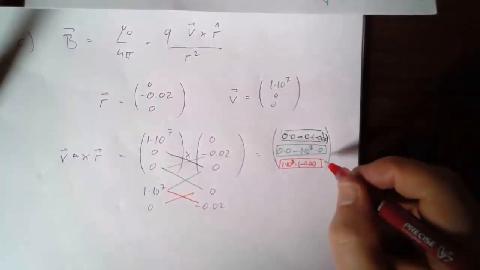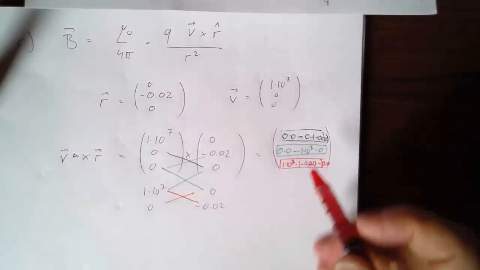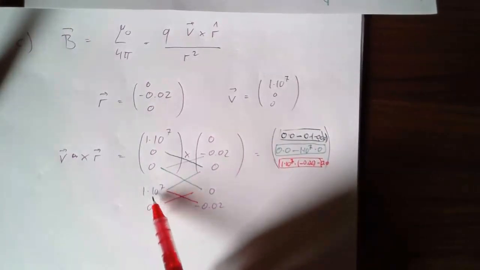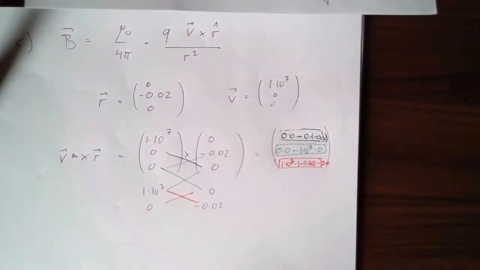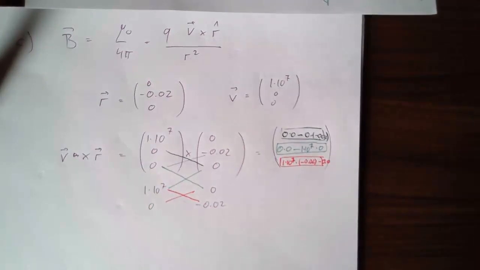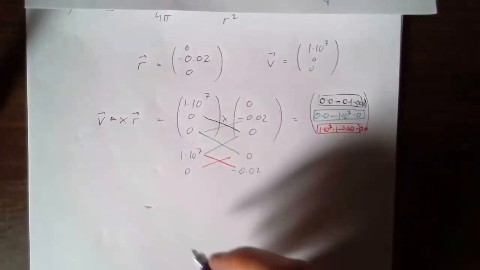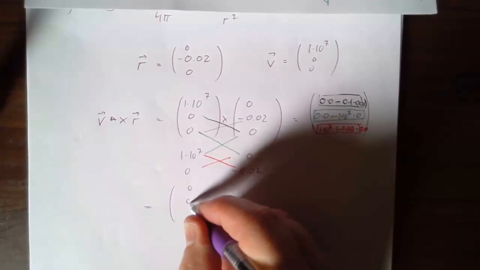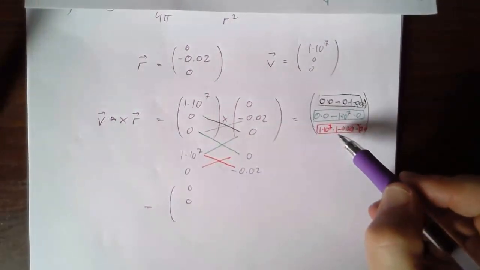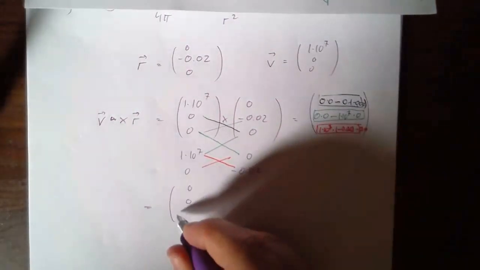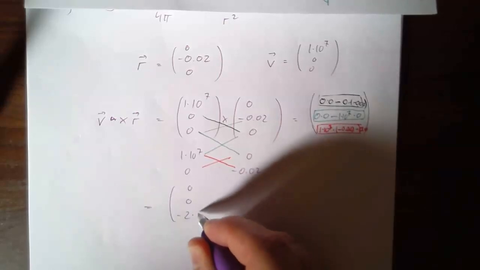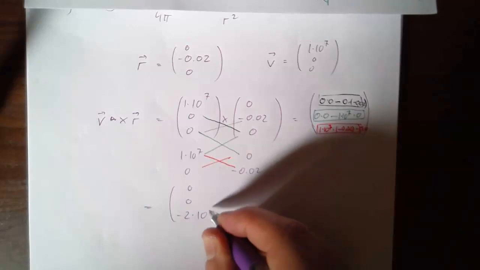It's this way, and then minus 0 times 0. So the only thing that's not 0 is this times this, right? So let's evaluate this. So we got 0, 0, 0, and then the red one is minus 2 times 10 to the 5.